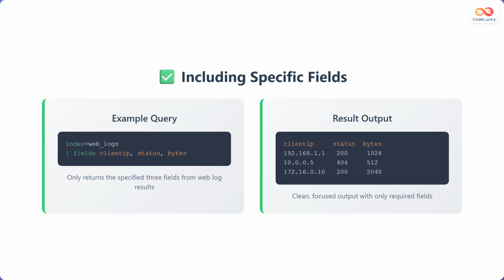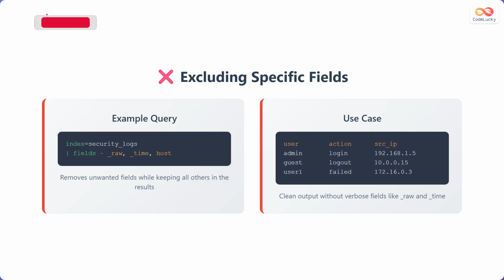The output would be a clean, organized table showing just the client IP addresses, HTTP status codes, and byte counts for each log entry. This approach is particularly useful when you're working with data sources that have many fields, but you only need a few specific ones for your analysis. It eliminates visual clutter and makes your results much easier to read and interpret.